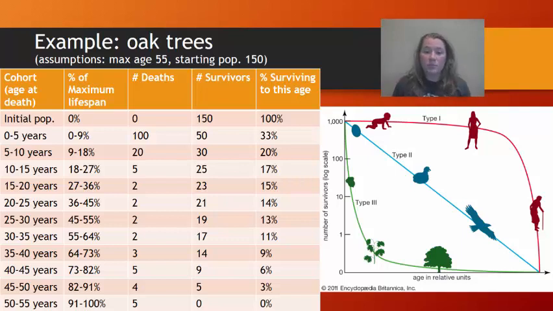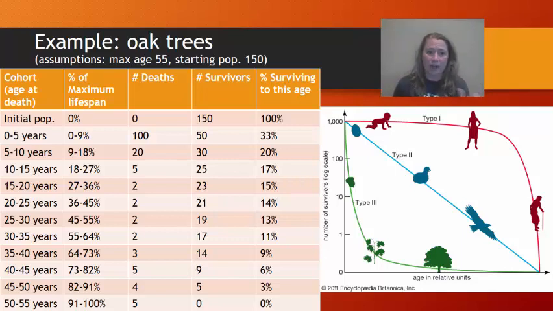So we can look at this particular table and we say our initial population, we had 100% surviving to this age. Then our next cohort, so the age at death, is between 0 and 5 years. And we're saying that 100 individuals died during that particular time period, only 50 survived, so that means we have a 33% survival rate at that particular age.